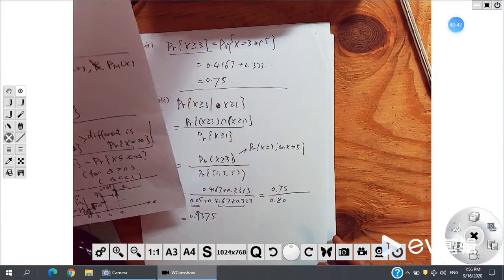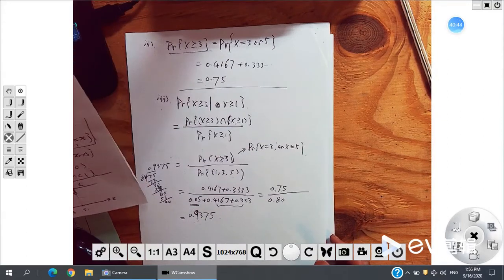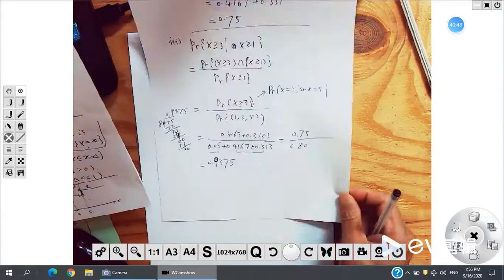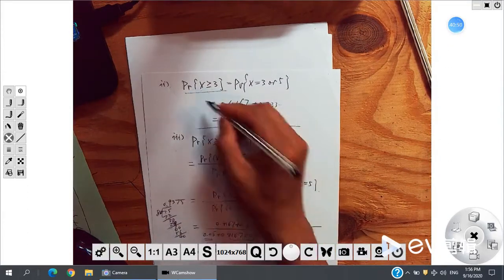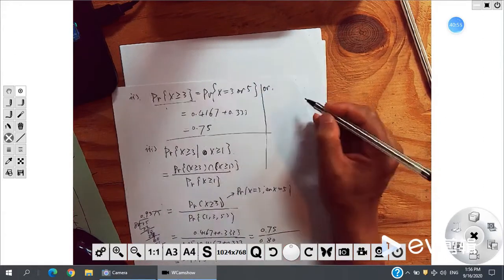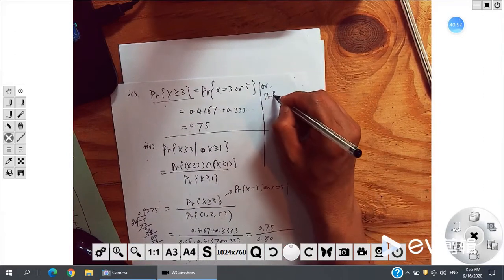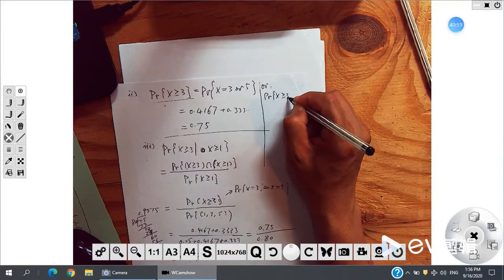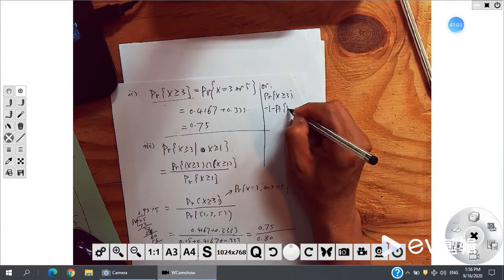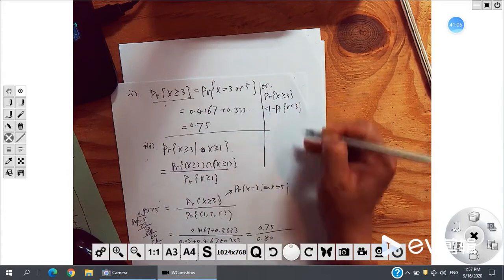Actually, we can also calculate the probability by F_X. The probability of x larger than or equal to 3 is 1 minus the probability of x smaller than 3.